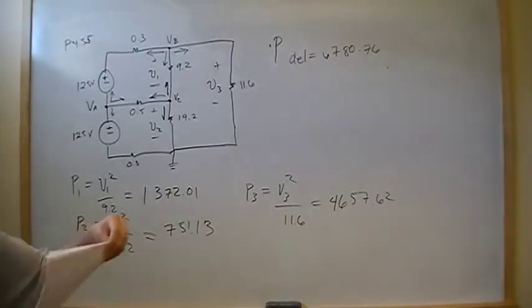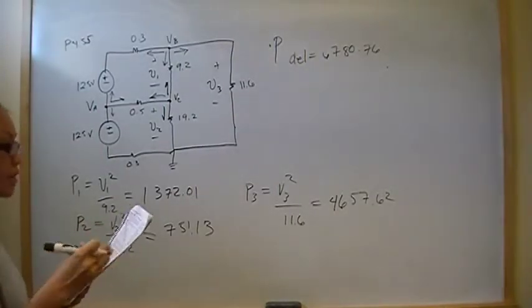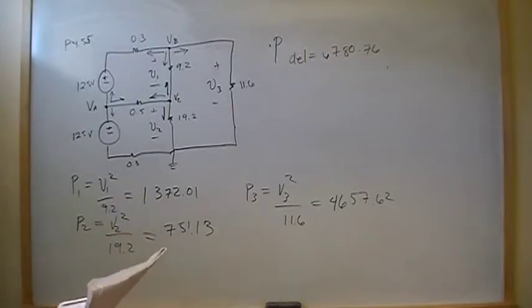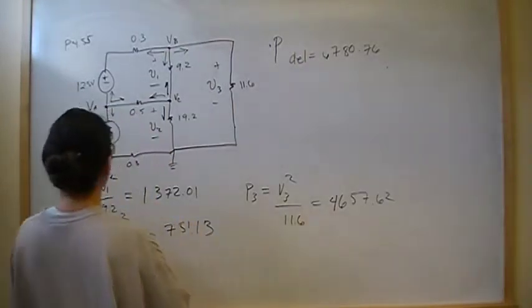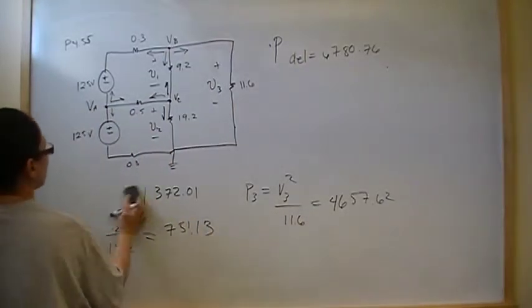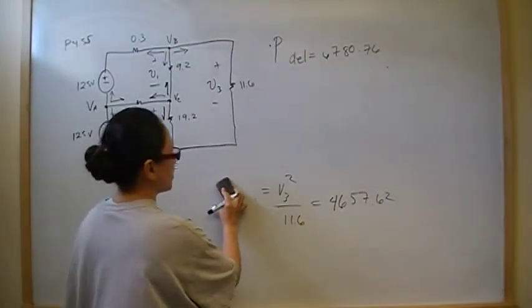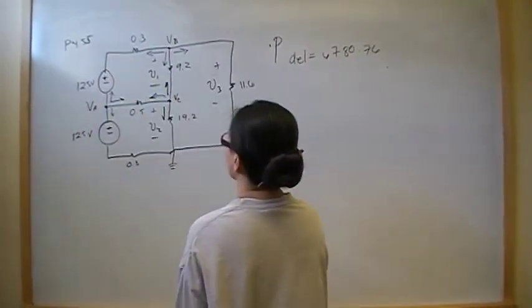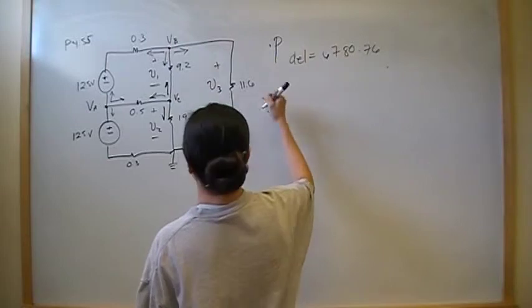Part D asks, what percentage of the total power developed by the sources is delivered to the loads? Well, we need to figure out how much power is developed by the two voltage sources. So let's take this one right here. P is equal to VI. The V is easy, right?